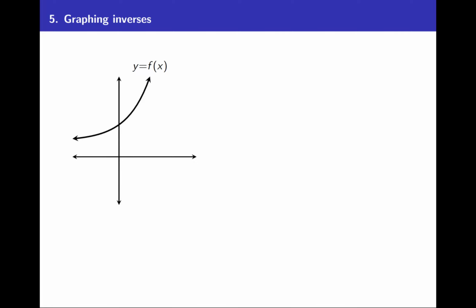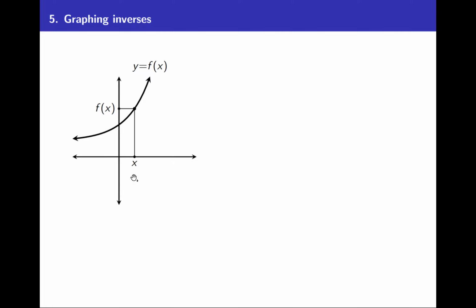So finally, I want to talk about graphing inverses. Given the graph of a function f of x, the question is, what does the graph of f inverse of x look like? And we can think about it this way.